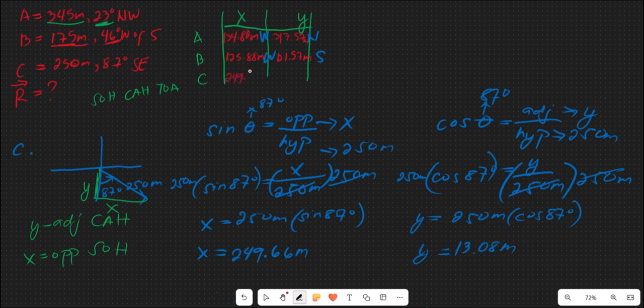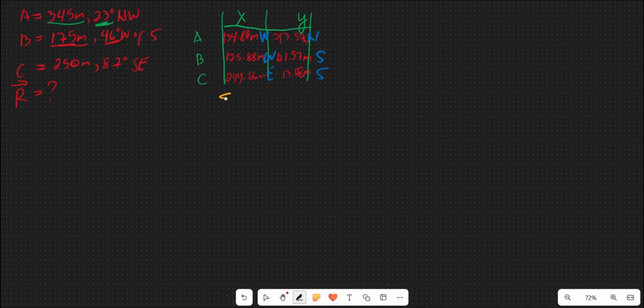Now let us again take note of the x and y components that we solved. Since the given vector direction is southeast, our y component must be going south and our x component must be going east. After we get all the x and y components of each given vector, let us find the summation of x components and y components.